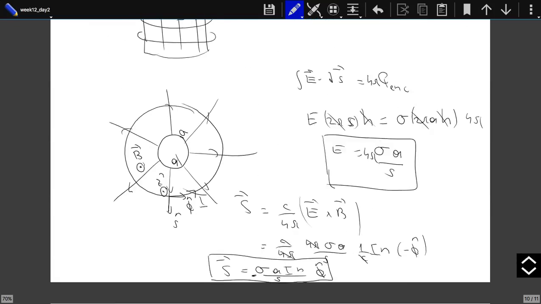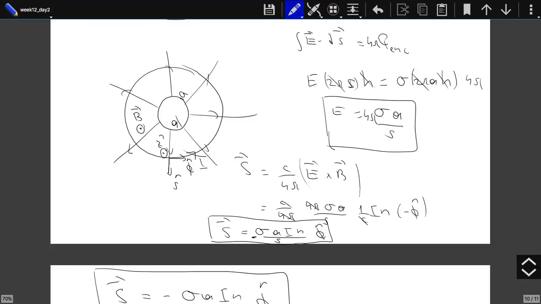So what is S hat cross phi hat? S hat cross phi hat is just Z hat.